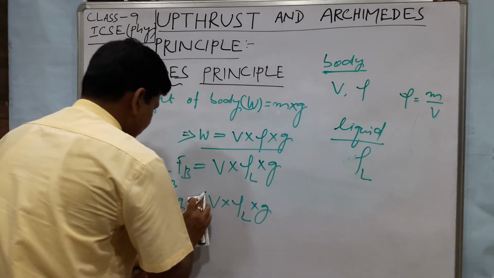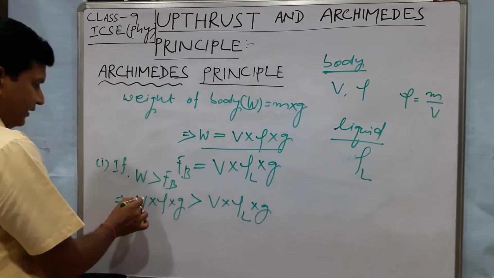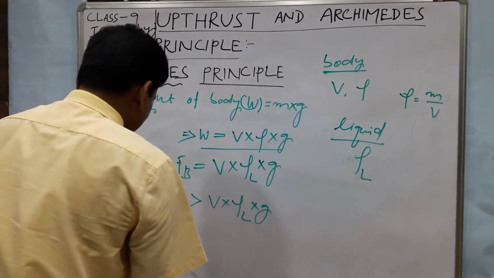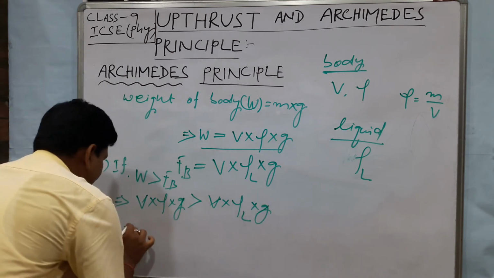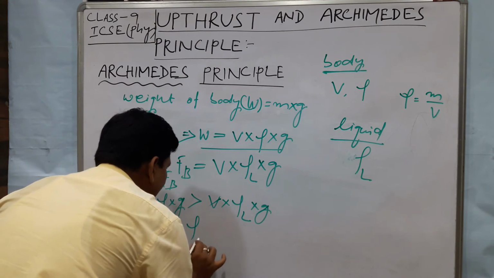Now V will be cancelled, volume will be the same, g also will be cancelled. Therefore we will get here rho is greater than rho L.